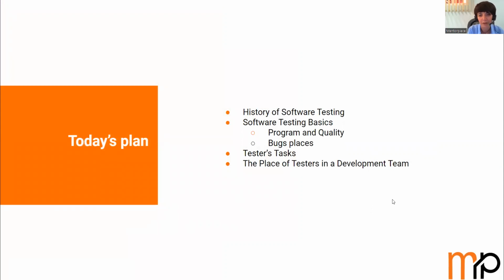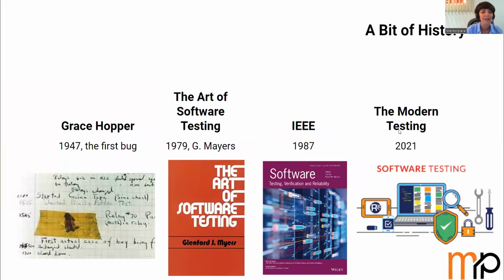And then we will consider the software testing basics, like what a program is, what quality is, what bugs are, typical places, and why our course looks like that. What are the testers' tasks and the place of testers in a development team? Who is who in a development team, and why should testers be friendly with all those guys? So let's start from a bit of history of software testing.